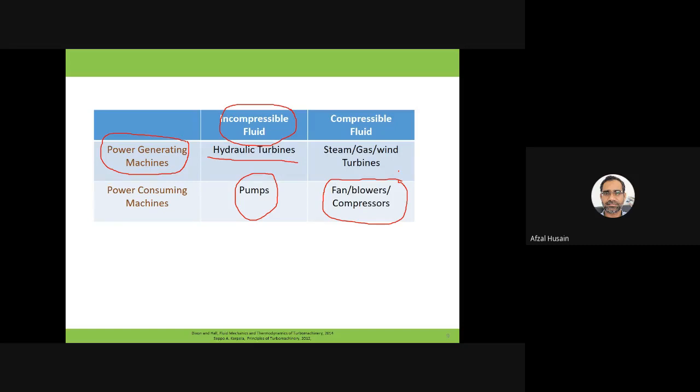Steam is a compressible fluid. So steam, gas, and wind are all compressible fluids. These turbines are the gas turbine, steam turbine, wind turbine, etc.